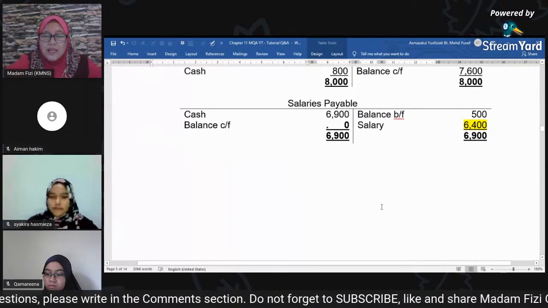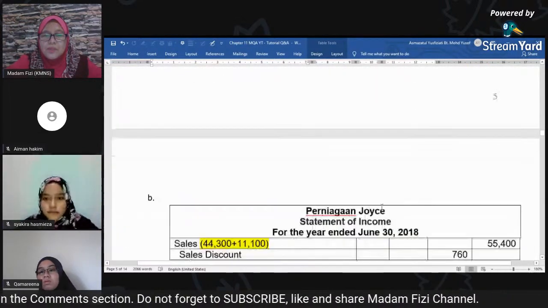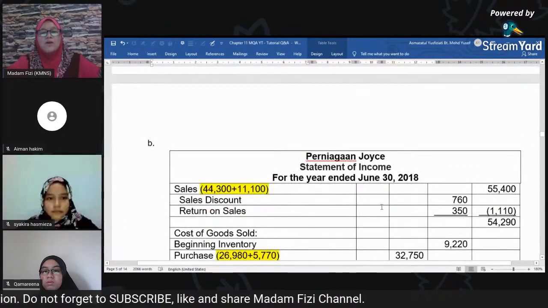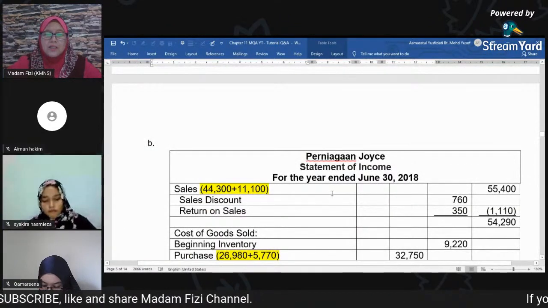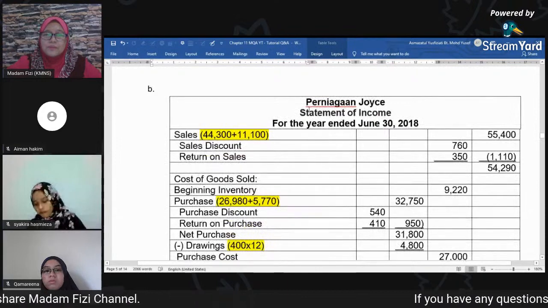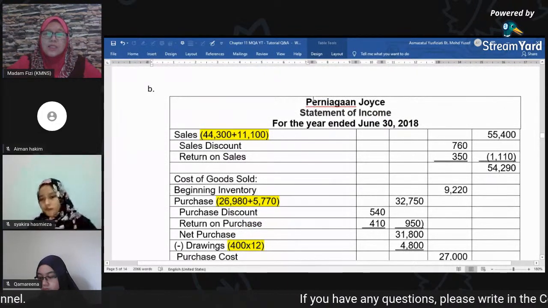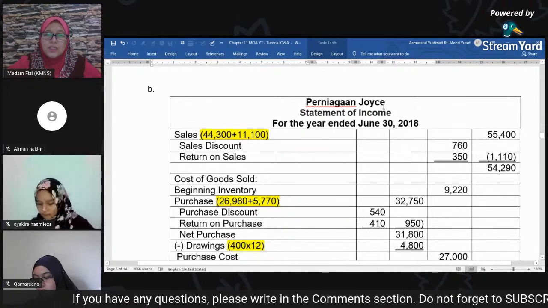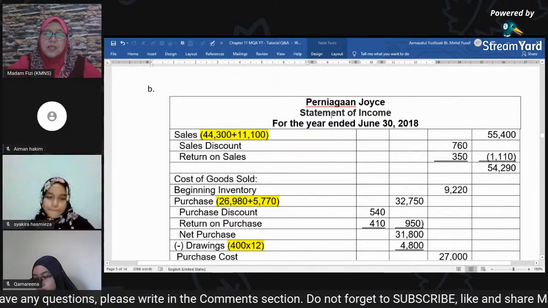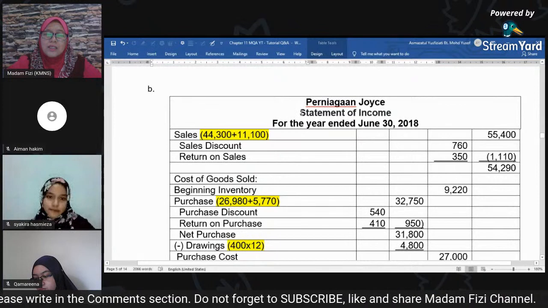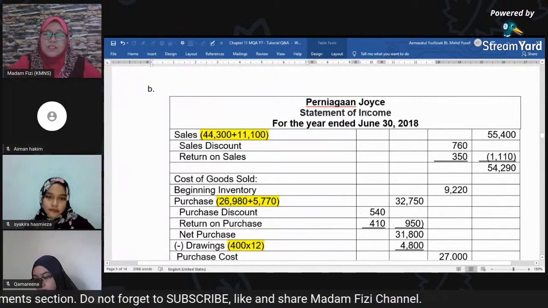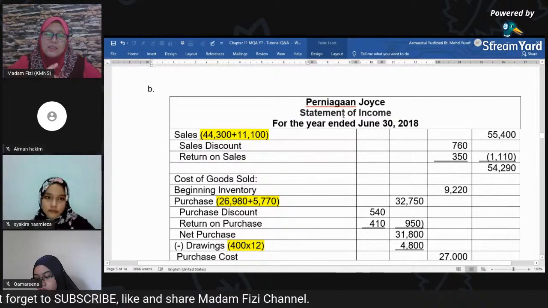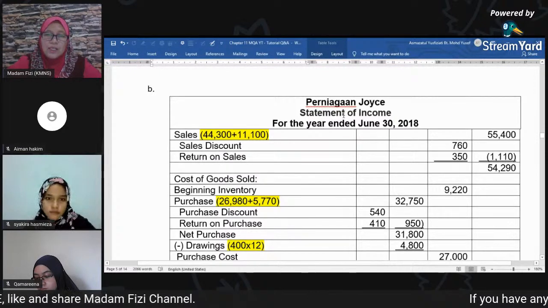Okay, next you can prepare the statement of income. Okay, so as usual, write the title, Perniagaan Choice, Statement of Income. Okay, I didn't put here Statement of Comprehensive Income because this is the perniagaan tunggal.